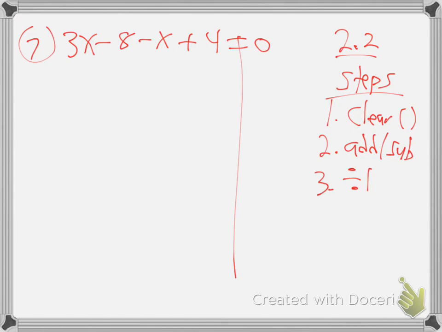Divide by the number next to x. So there's the step. So step number 1, get rid of parentheses. We'll have those up later. Step 2, do your adding, subtracting. So do your adding, subtracting right there. So add and subtract what you can add and subtract.